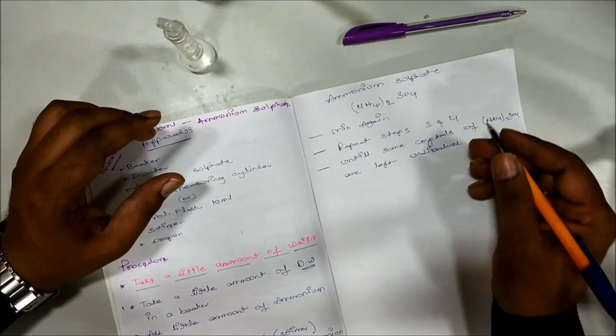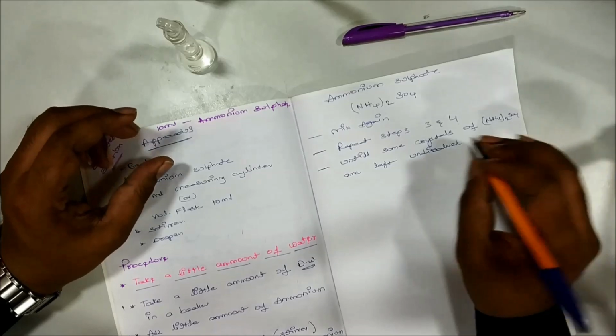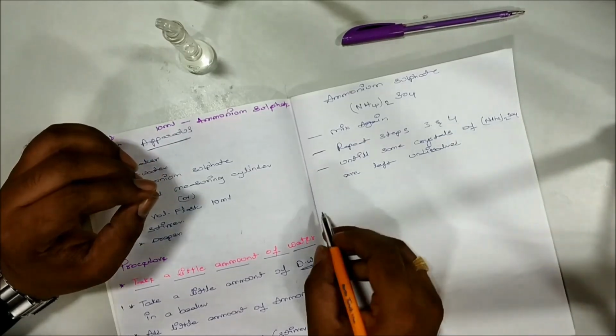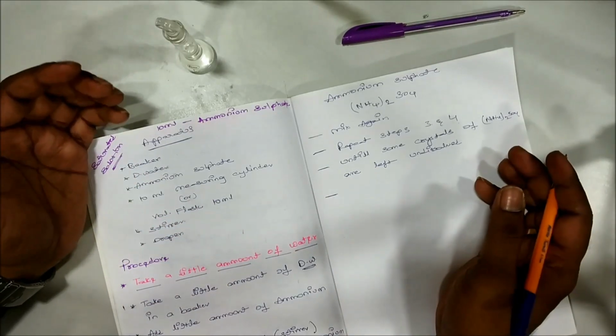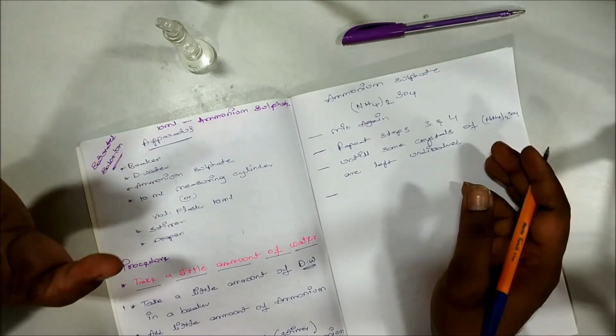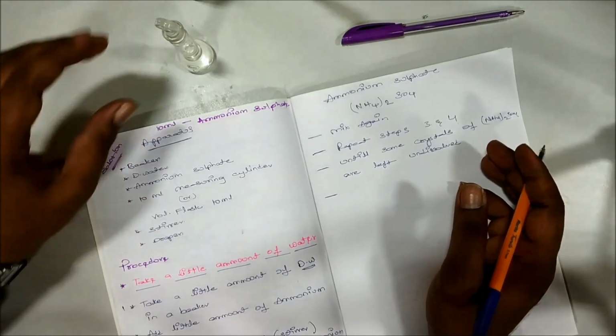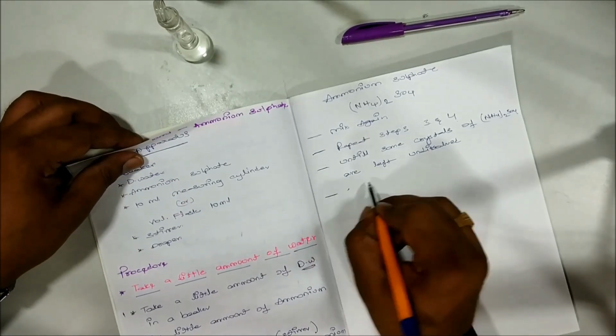Like I have shown you previously, till that time you have to dissolve the ammonium sulfate inside the distilled water. After that, once you have observed that ammonium sulfate crystals are not getting dissolved inside the distilled water, then stop mixing and measure it in the volumetric flask.